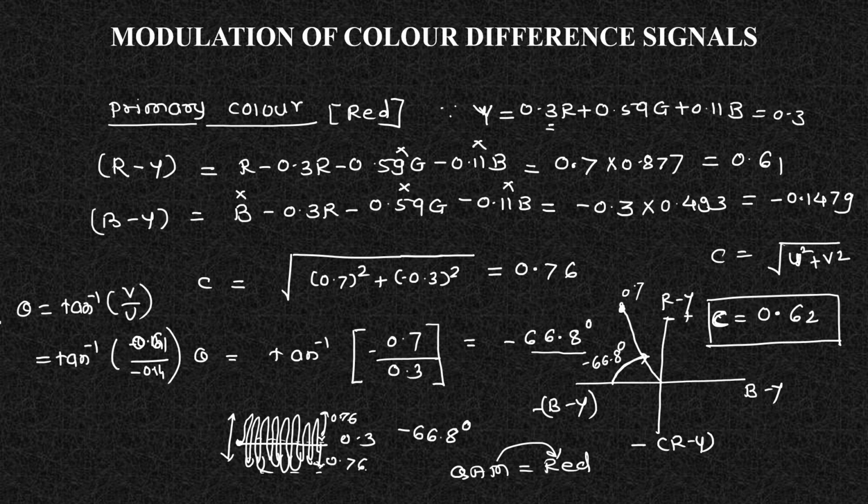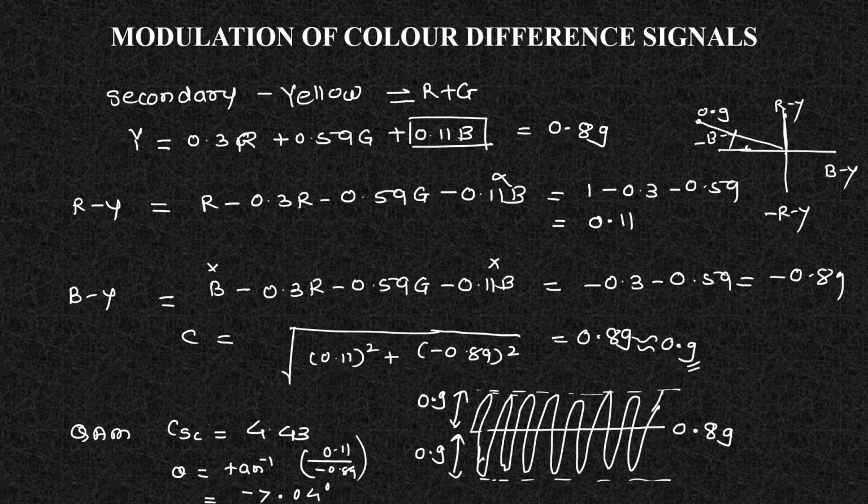I just calculated 0.61 divided by 0.147, so this angle comes to minus 76 degrees. In what I have shown you right now, your weighted factors are 0.61 and minus 0.14. So for the red color only, we'll try to understand these things.